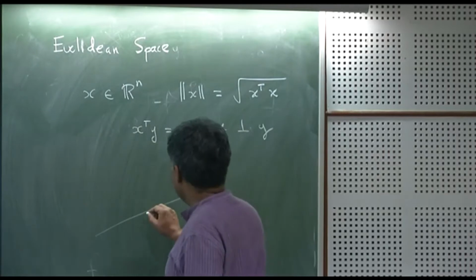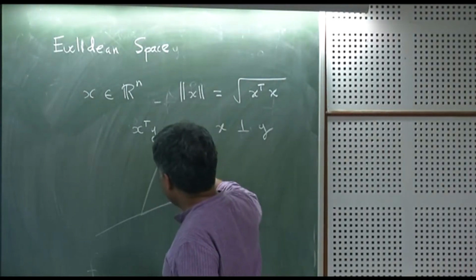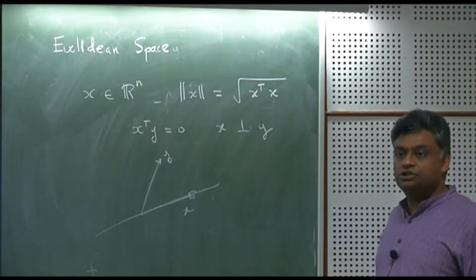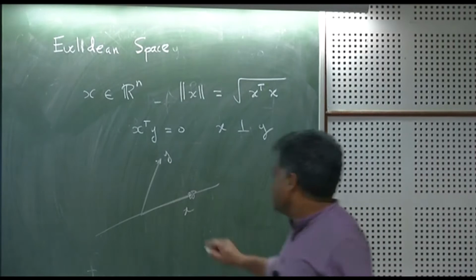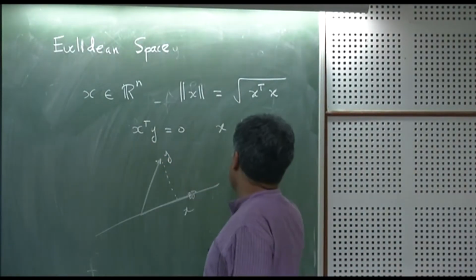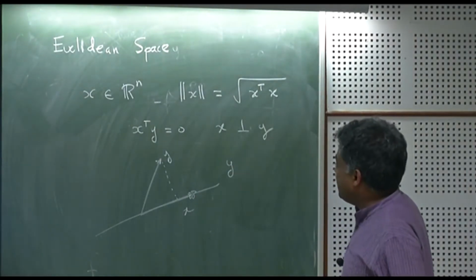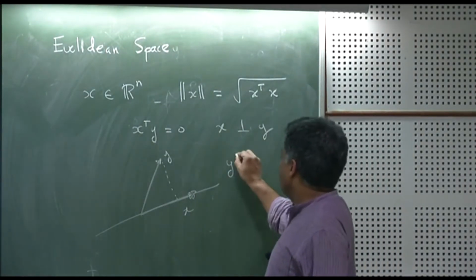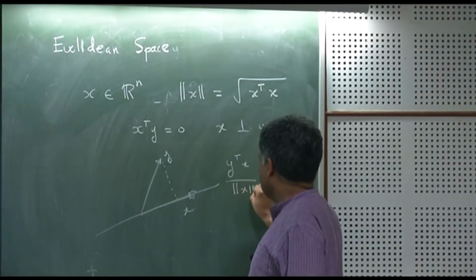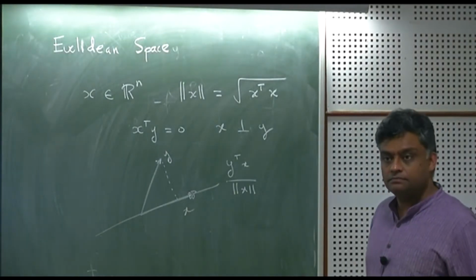So let's say I have two vectors. Here's this vector X, here's a vector Y. Then I can talk about an orthogonal projection of Y on X. How do we get this orthogonal projection? We look at Y transpose X over the norm of X. This is going to be the projection in the direction of X, right?